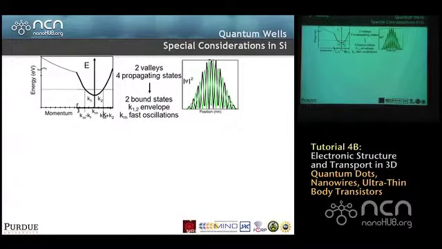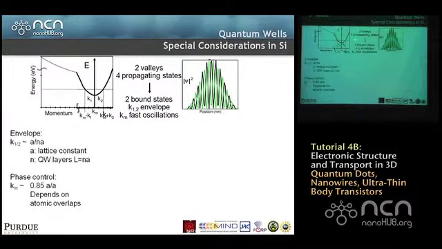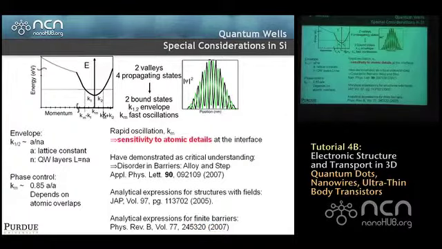So here I've shown you sort of now the conclusion slide on that segment where really in valley splitting we have 4 states interacting with each other. There's 2 K numbers that are important. One is determining the envelope, that is the size of the quantum box. But the rapid oscillations at the momentum point here are really on an atomic scale, and they depend on the atomic overlap.